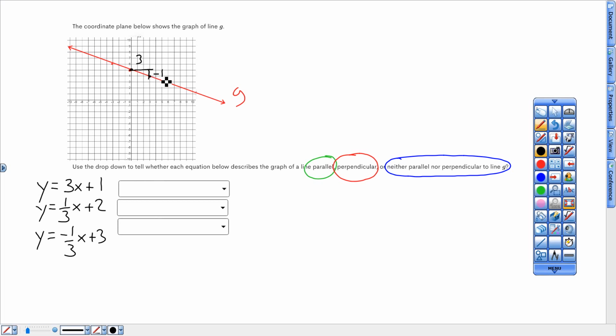Be real careful. People, when they see that, they write the slope as 3 over -1 because that top number is on top and the bottom. Nope. That slope, if you look at it precisely, the run is 3 and the up or down rise is -1. So the slope of this line is -1 over 3.